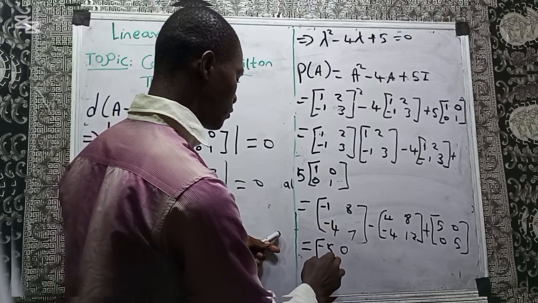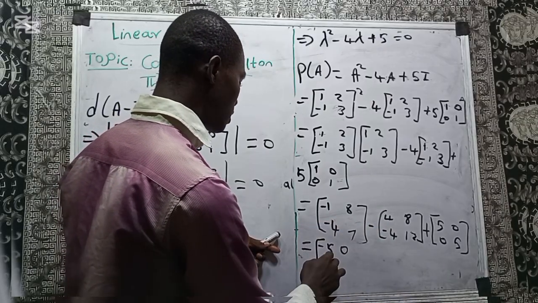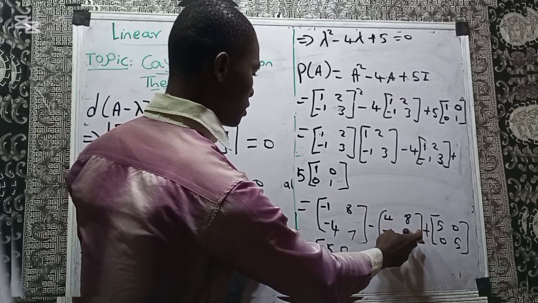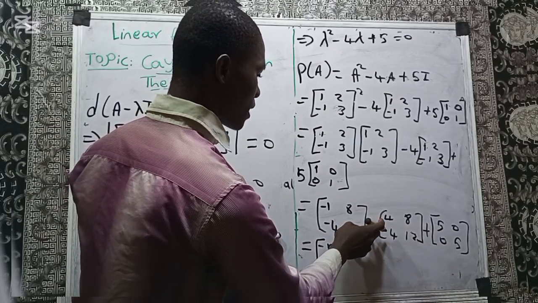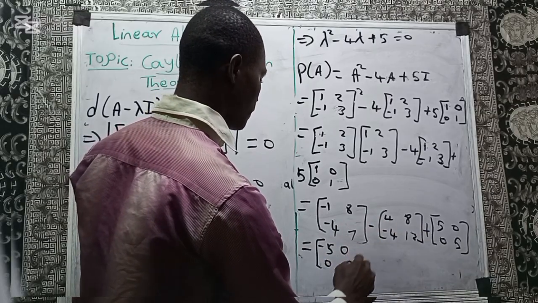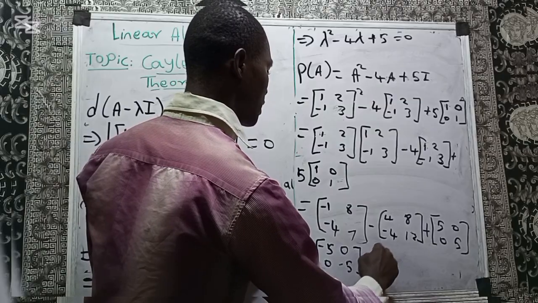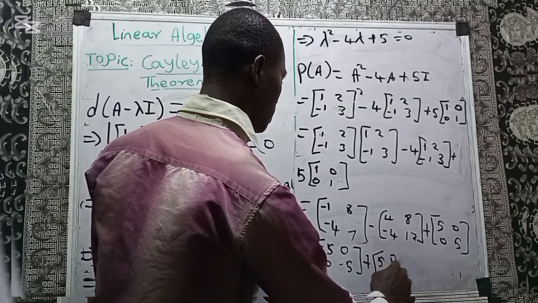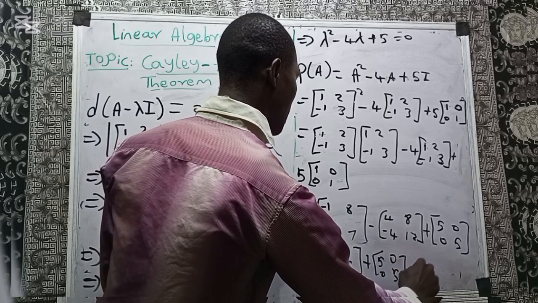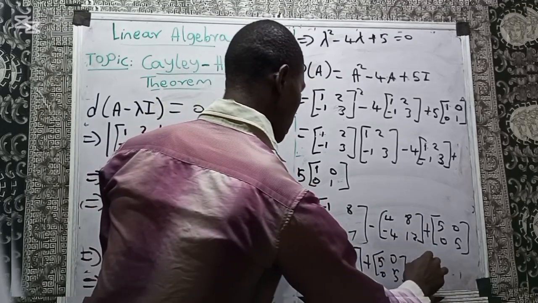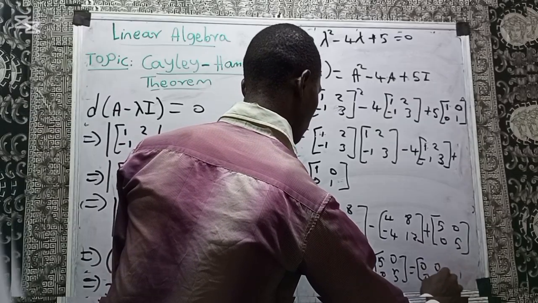Plus 4, plus negative 4, you have 0. Then 7 minus 12, you have negative 5. Then plus the last matrix, 5, 0, 0, 5. So by the time you add, you are going to get 0, 0, 0, 0.